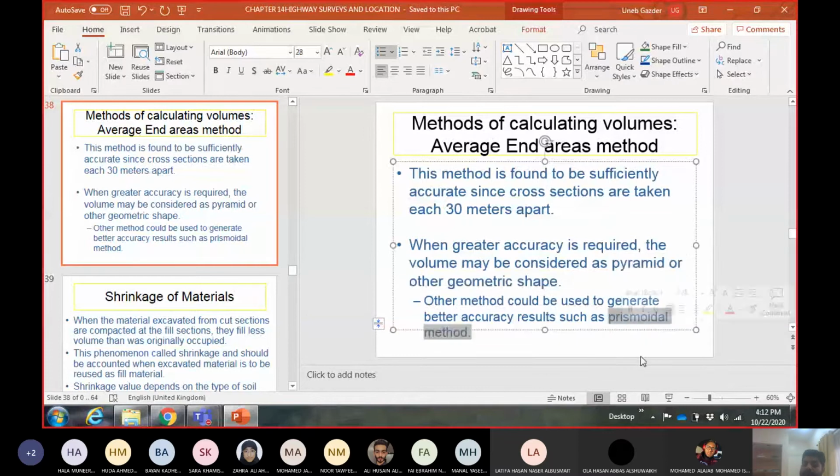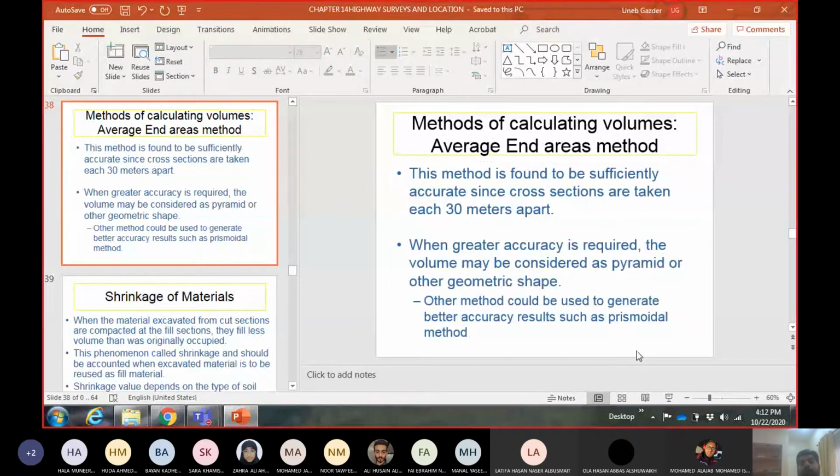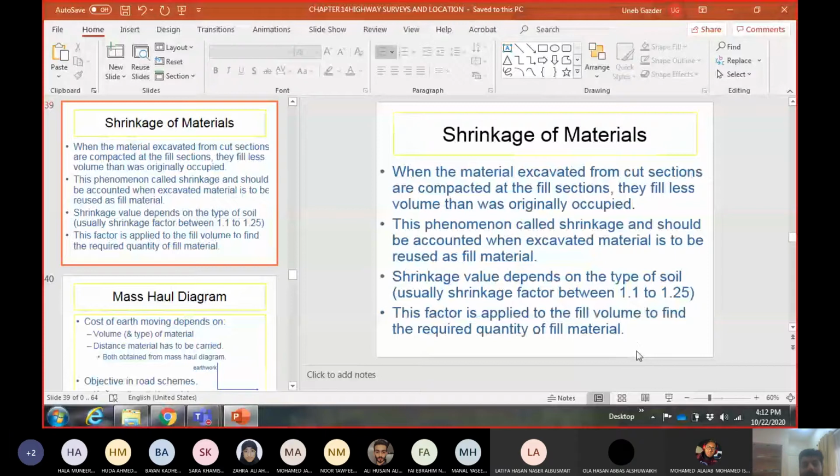You can use one of these if you are not satisfied with the accuracy of the average end area method. But as I was telling you, for construction cost estimation, this method with a 30-meter distance is enough. So don't be a tough cookie, just accept that it is enough.